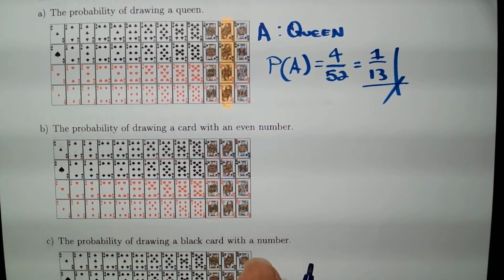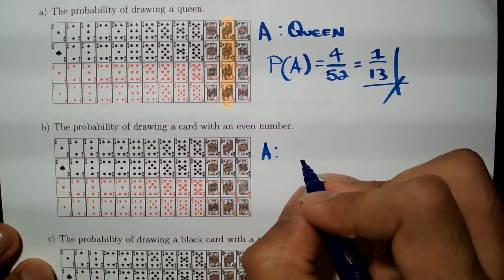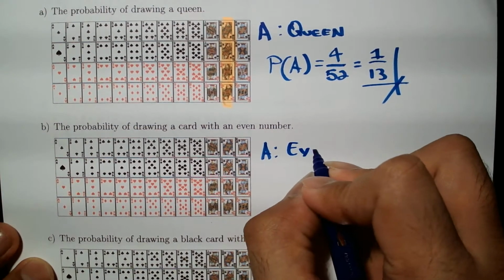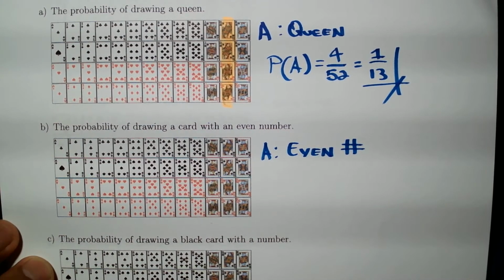The probability of drawing a card with an even number. So let's define the event A, which is card with even number. Alright, so let's highlight all those outcomes in which we are going to have even numbers.